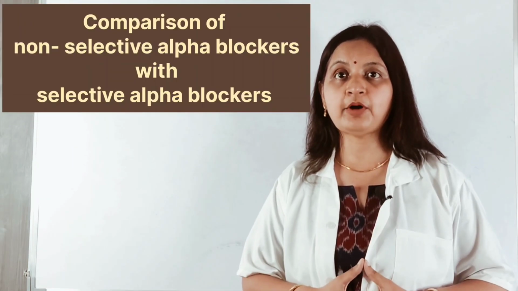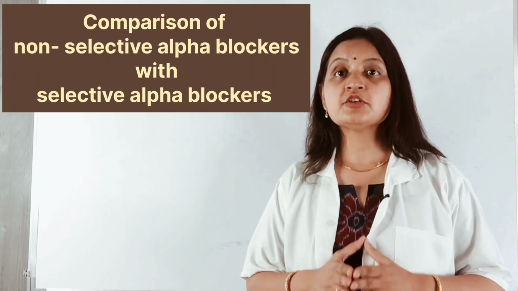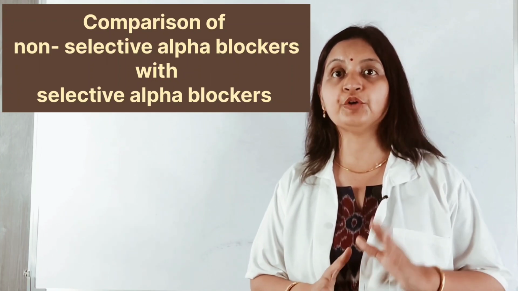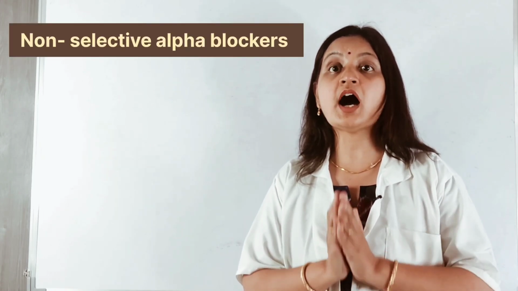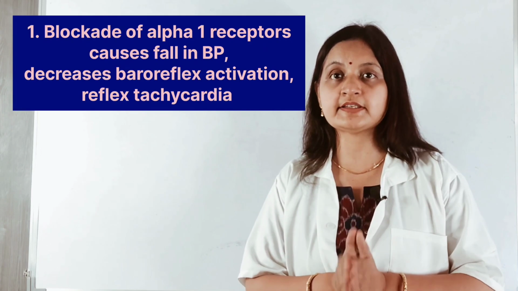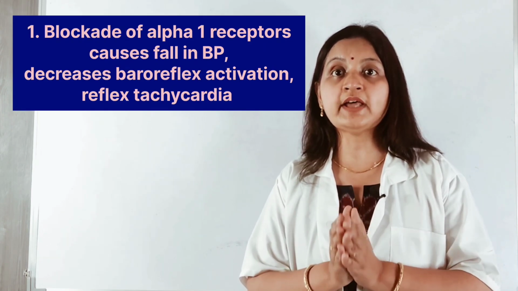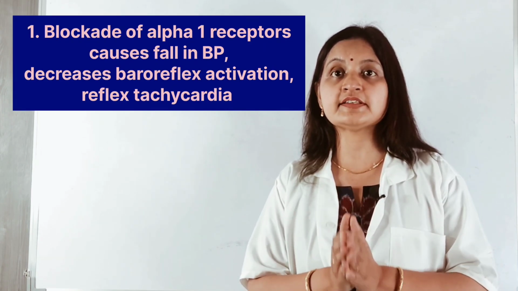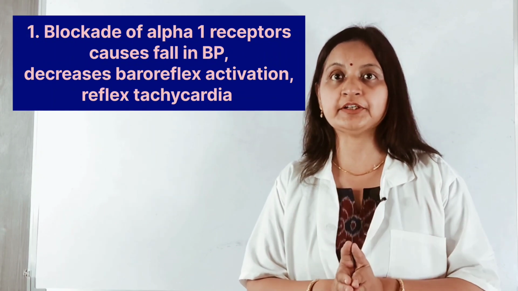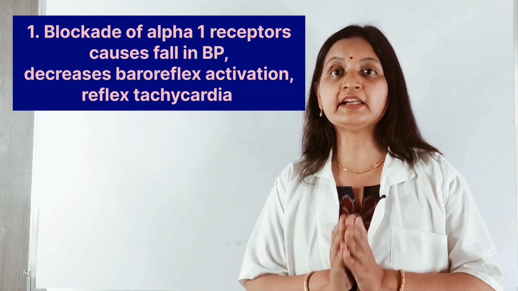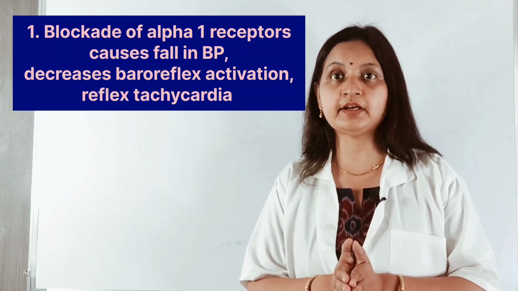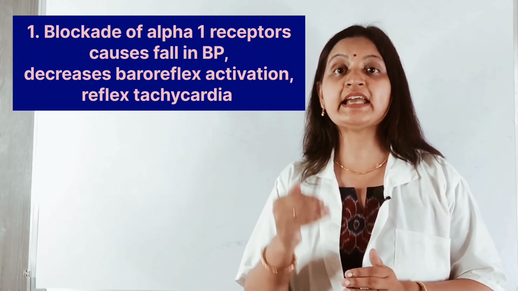Now that we have learnt about non-selective alpha blockers, let us compare the effects of non-selective alpha blockers with the selective alpha blockers. The non-selective alpha blockers block the alpha-1 receptors of the blood vessels. So this causes vasodilatation, decreased peripheral resistance and fall in blood pressure. Decrease in blood pressure causes decreased activation of baroreceptors, resulting in reflex tachycardia.